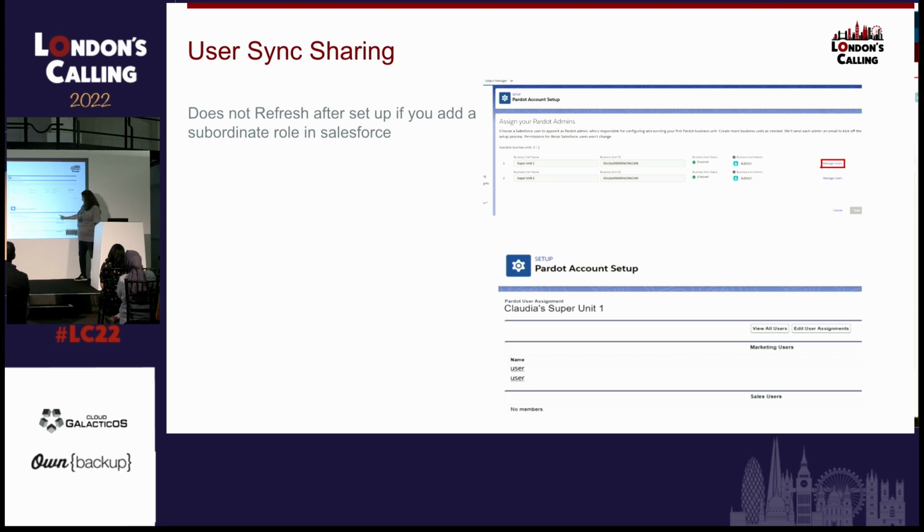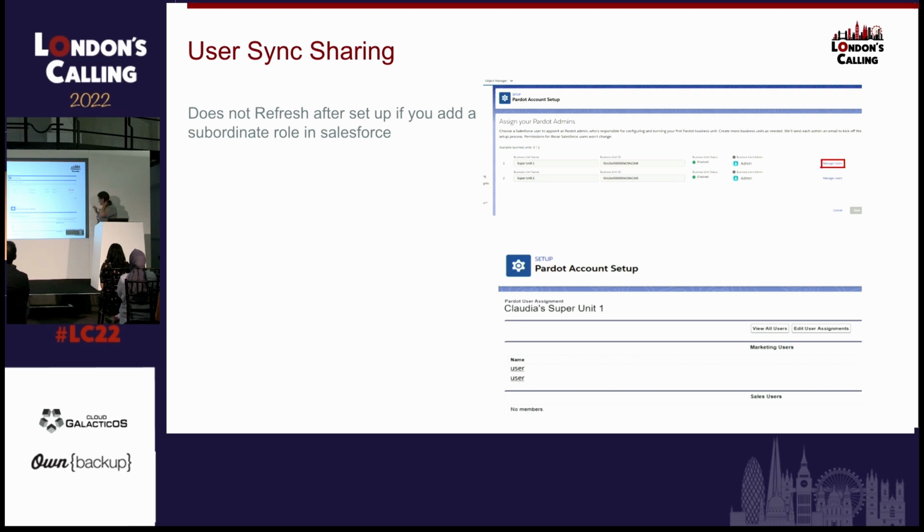When you look at that, it's super similar to if you're used to Salesforce, when you're setting up sharing on folders and things like that. It's exactly the same concept. I actually wonder if this is the same for Salesforce, but I've got a feeling that it will just be this Pardot sync that's having this problem.